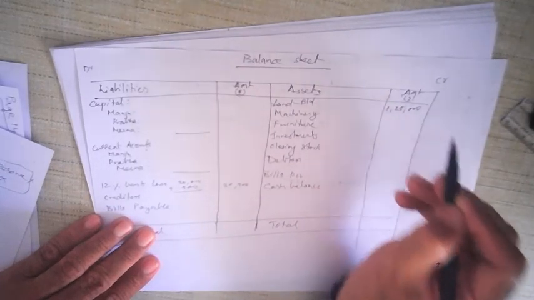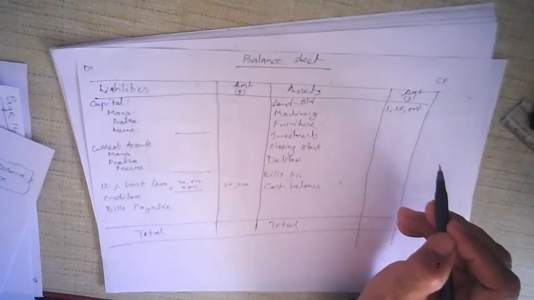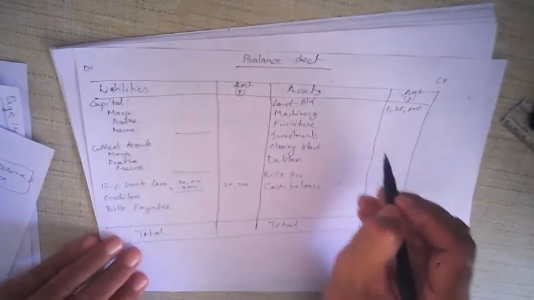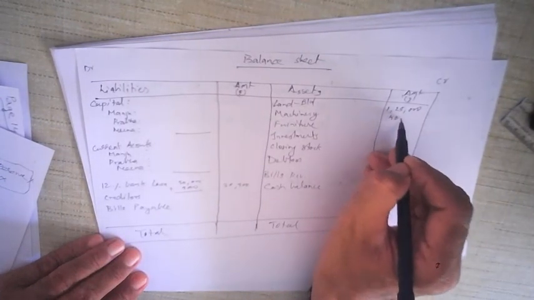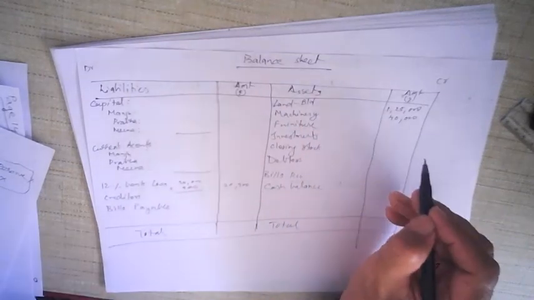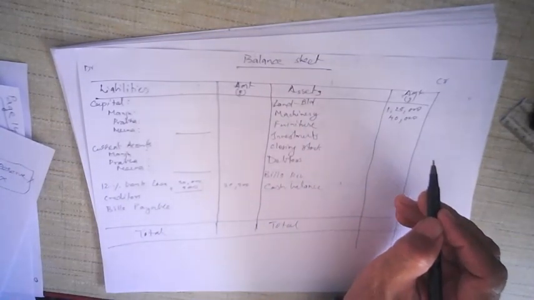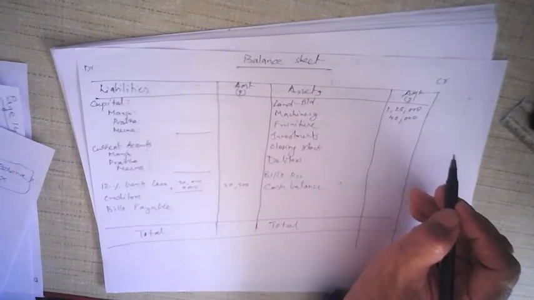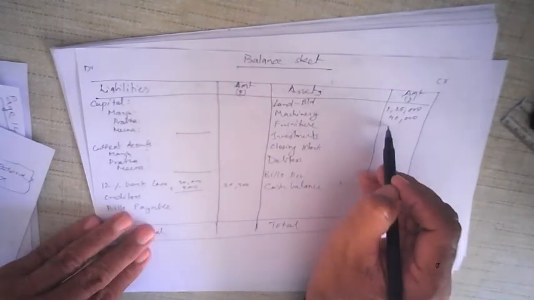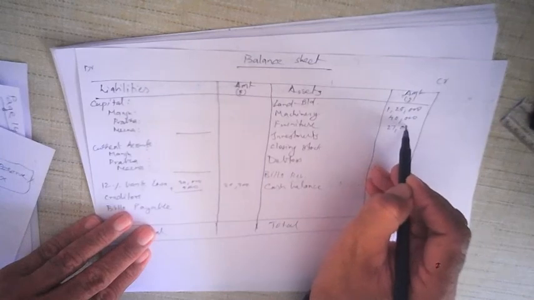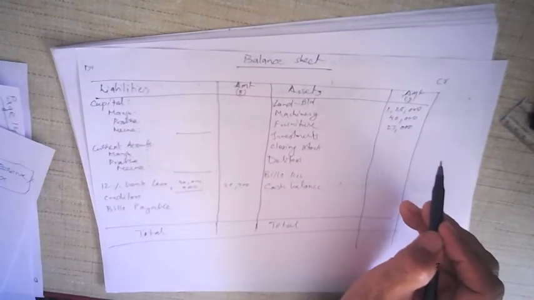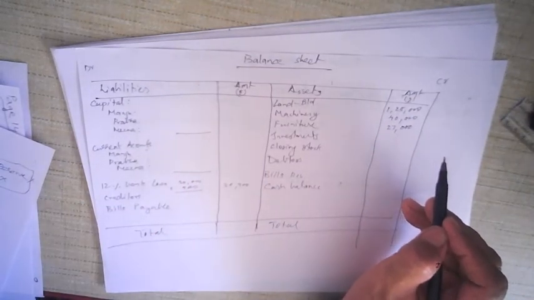Machinery was 10,000 less, so it becomes 40,000. Then furniture is to be reduced by 3,000. Furniture is given here as 30,000, reduced by 3,000, so it becomes 27,000. Investments, there is nothing about them, it is the same 50,000.